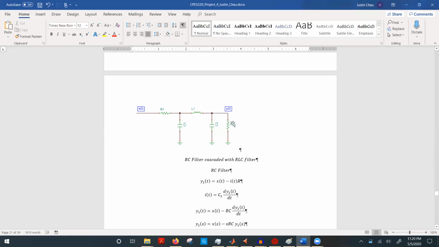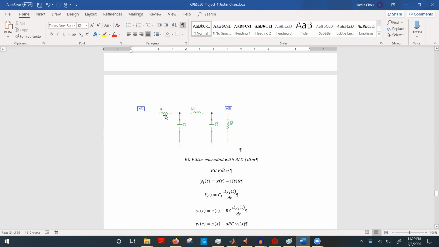Originally, if we consider that we don't have this resistor right here, we would just have an LC circuit. An LC circuit has a resonance frequency where the reactance of the inductor and the reactance of the capacitor cancel out, so you would pretty much have a short, which would cause the gain to spike up at the resonant frequency.